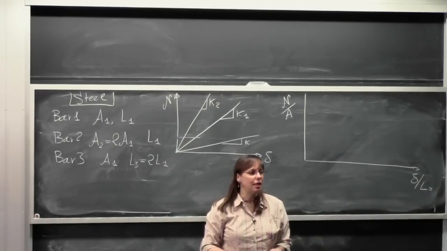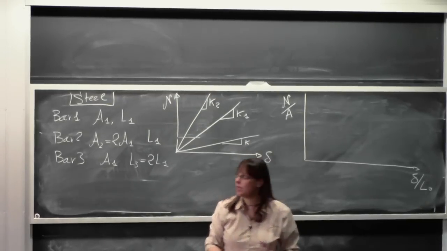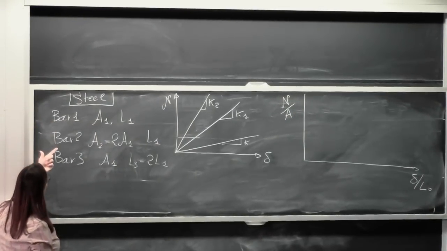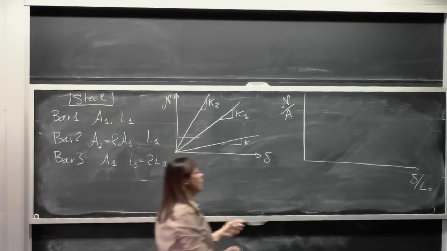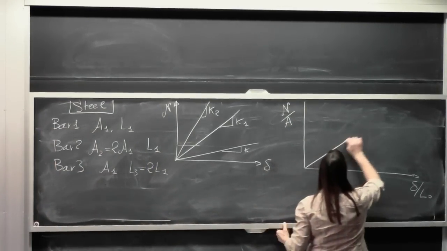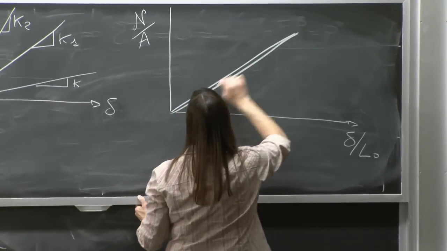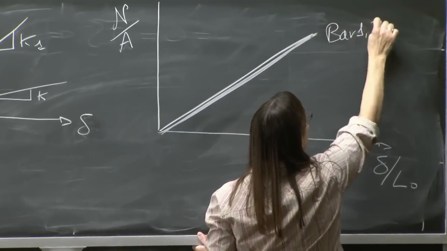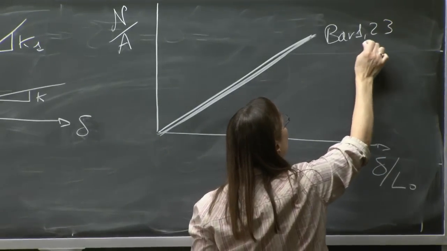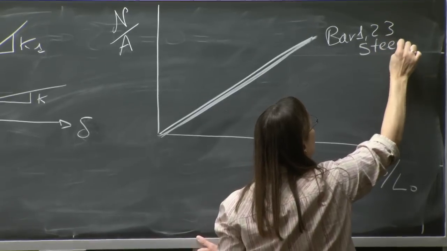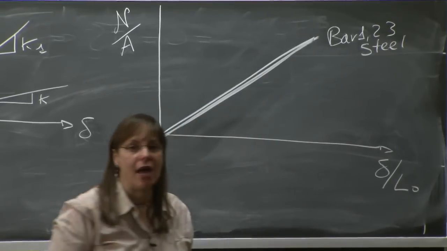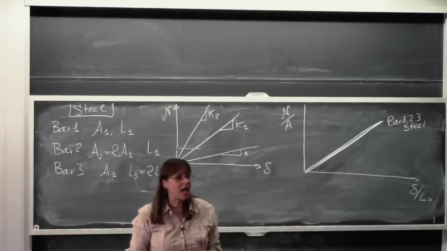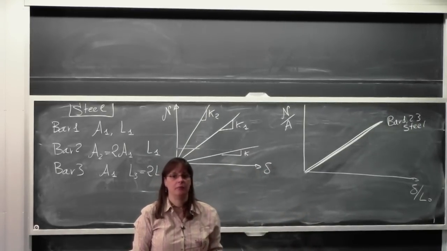I can normalize things, right? If I do that, what I find is amazing. I find that the curves for bar 1, bar 2, and bar 3, instead of being different curves, are going to be the same line. So bars 1, 2, and 3, which are all made of the same material, steel, will have the exact same line.